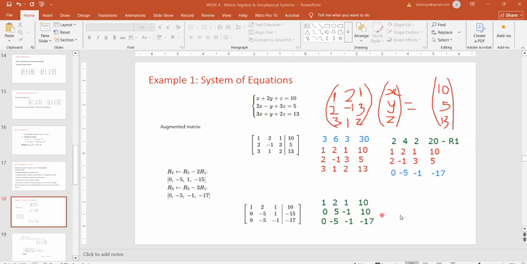Then for the last values: 0 plus 0, we have 0. 5 plus minus 5, we have 0. Minus 1 plus minus 1, we have minus 2. 10 plus minus 17, that's minus 7. So that will be the next answer.